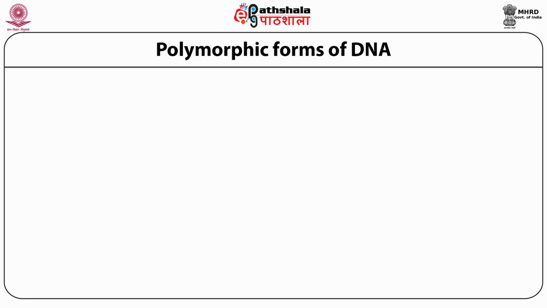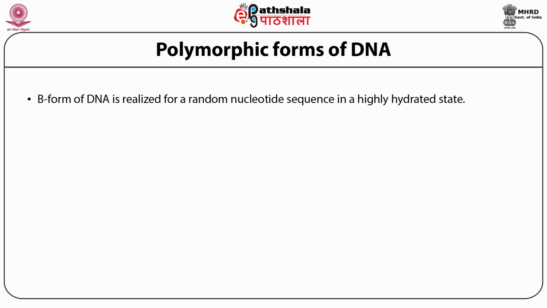Polymorphic forms of DNA. The B form of DNA is realized for a random nucleotide sequence in a highly hydrated state. In lesser hydration, say less than 30%, DNA assumes A form, which is more crystalline in nature.